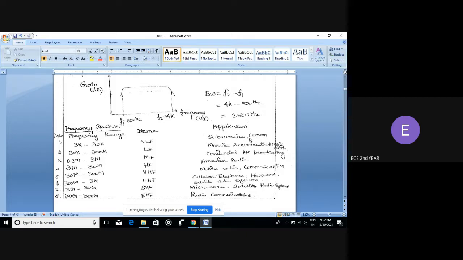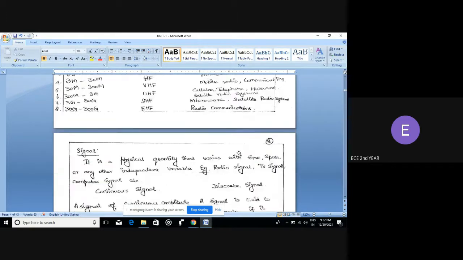Okay, and then the applications of these signals wherever we use communication, right? Like cellular, telephone, microwave, satellite, radio communication, marine. These are all applications of communication systems.